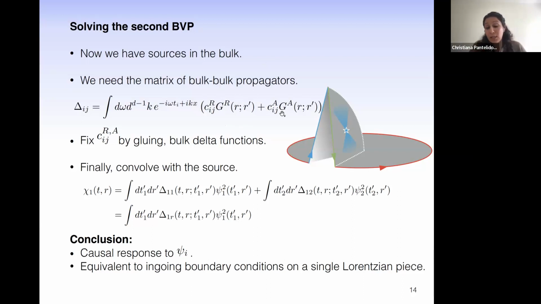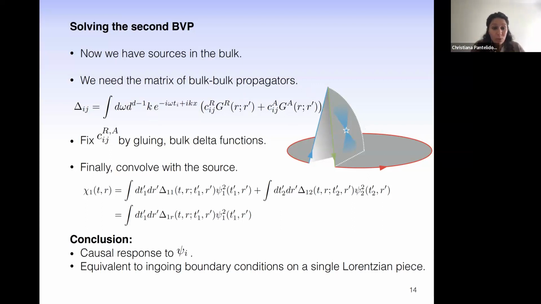And we do that essentially in the same way as before, by imposing boundary conditions and the gluing conditions at the joints. This is for a delta function on one segment; we repeat the same thing for a delta function in the bulk of the other segment. And then we have all the information that we need.